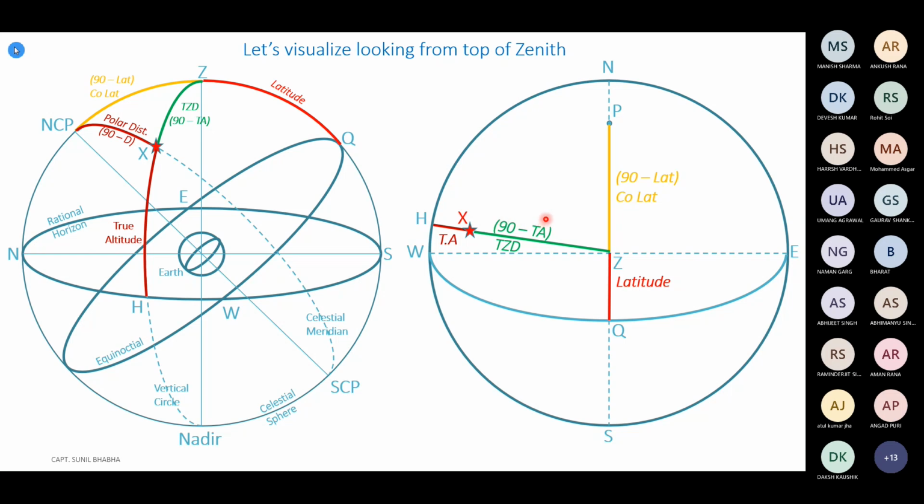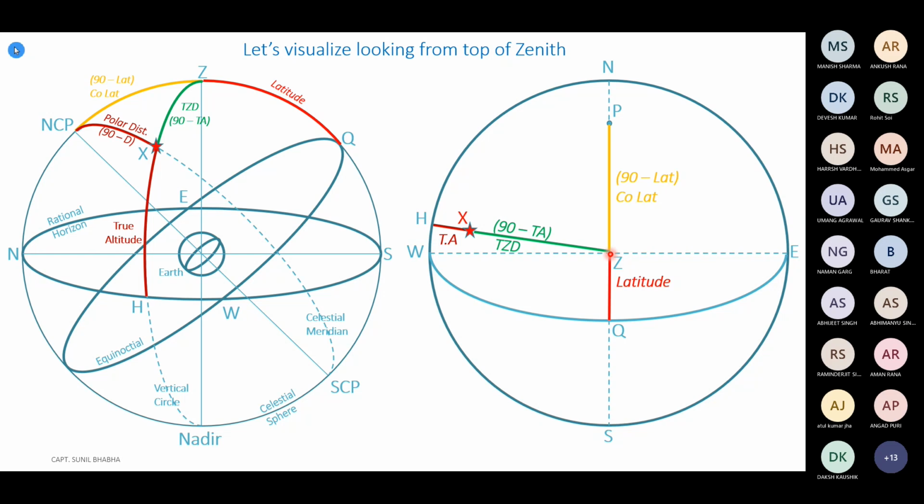Another important thing in the rational horizon diagram, you see the zenith is at the center of the rational horizon plane diagram, and the circumference which you see of this particular diagram is the rational horizon of the observer. Now we know every point on the rational horizon is 90 degrees away from the zenith.